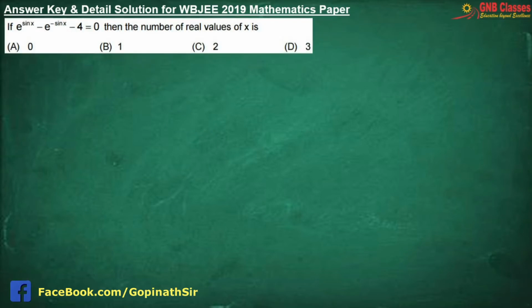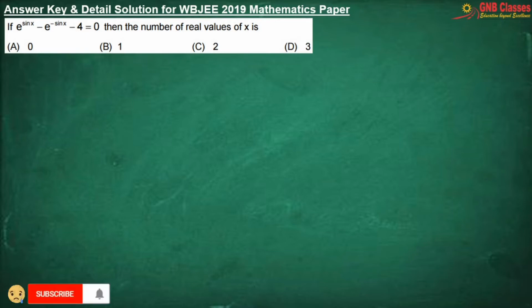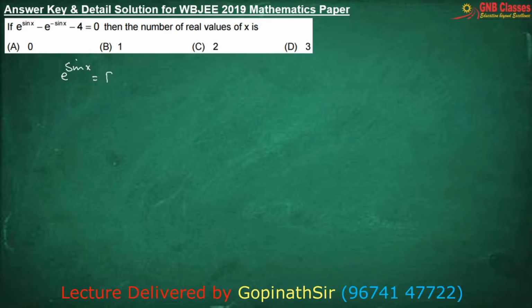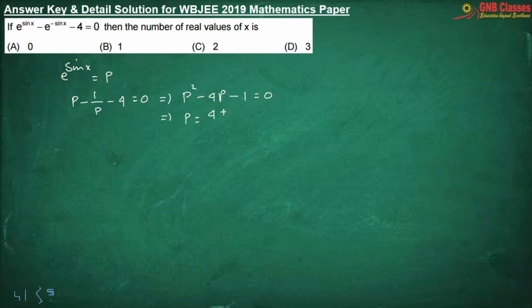In this problem, we have to find out the number of real values of x. Let us say e to the power sin x is say p. Therefore, we have the equation as, is it clear? Now let me solve it. Is it okay?